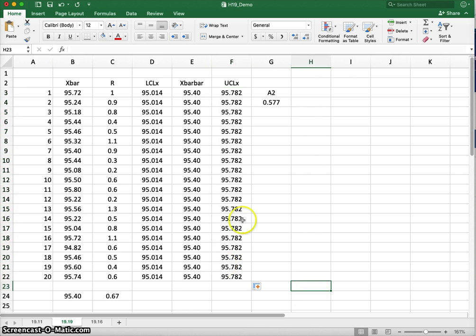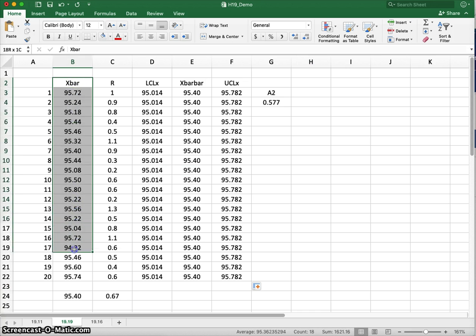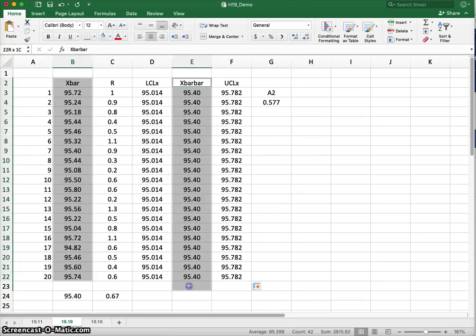All right, so then what I want to do is, if I want to chart this whole thing, I can just highlight this. This is my actual measurement, and then highlight this over here, like so. Oops, let me start over.